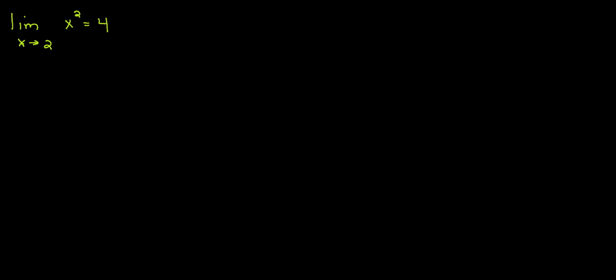Hi everyone, in this video I would like to construct a delta epsilon proof of a functional limit. So we will be proving that the limit as x approaches 2 of x squared equals 4. And if I were to draw a picture of this function, I'll draw my x and y axis here, and we know that the y equals x squared function looks like a parabola, so I can draw my curve.